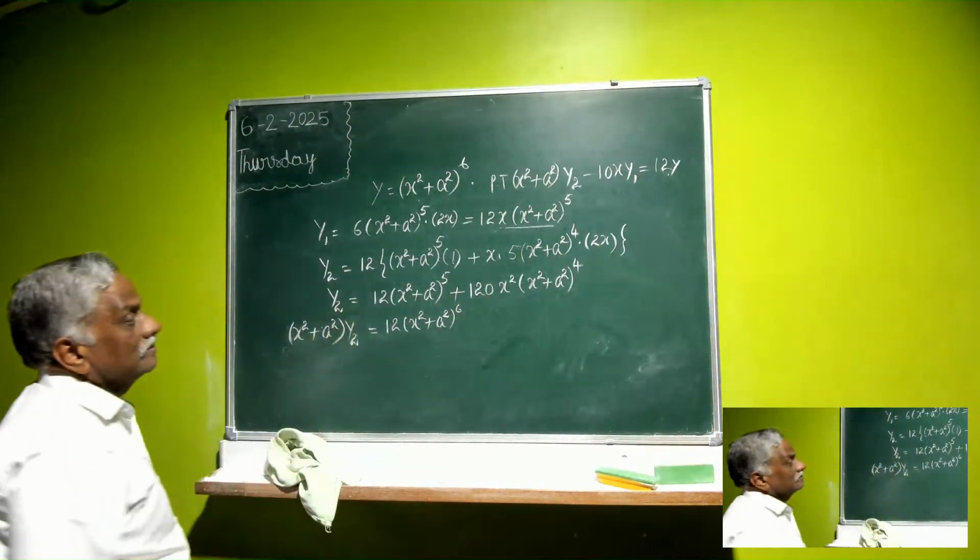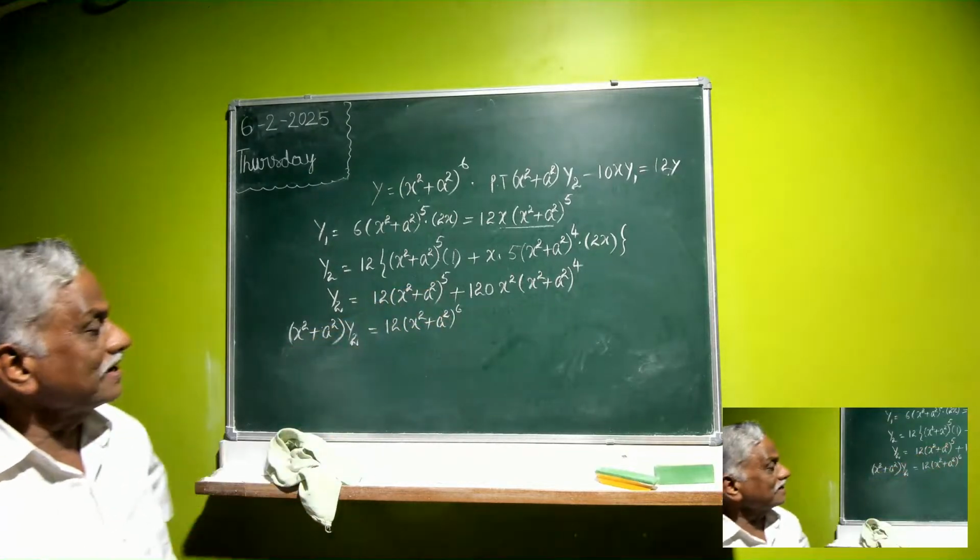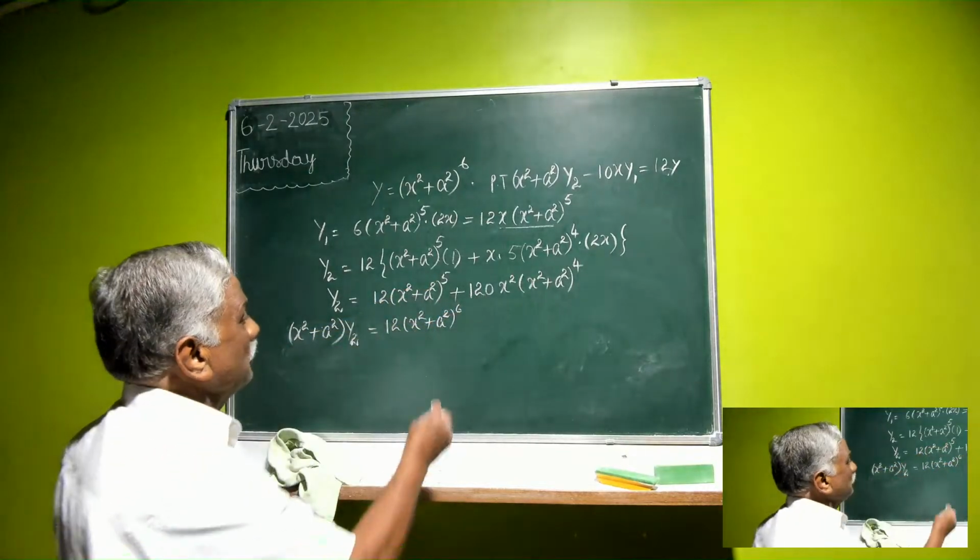So I am multiplying y2 by x square plus a square. So 5 plus 1 is 6. I am multiplying this also.